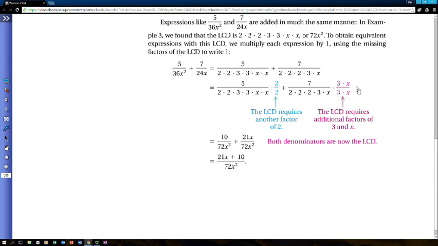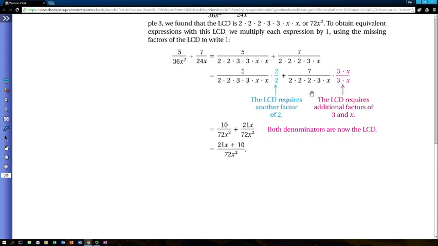And then I make sure that I'm only multiplying by 1. So now I end up with 10 over 72x squared, and I end up with 7 times 3 times x, which is 21x over 72x squared. And then when I have the same denominators, I add the numerators, and I end up with 21x plus 10 all over 72x squared.